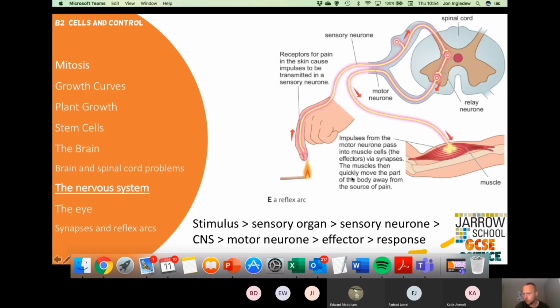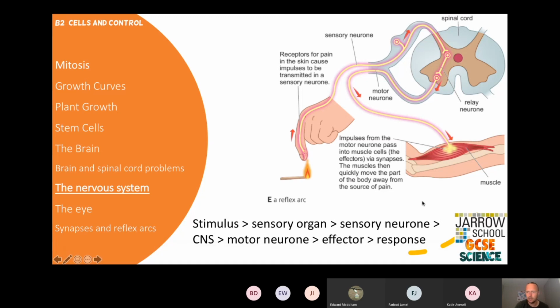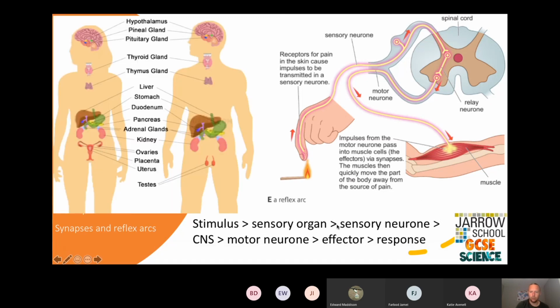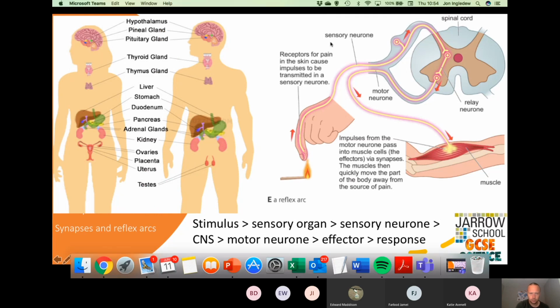So these responses, this is how the nervous system is organized, and we'll talk about a few other things in a little bit more detail soon. Right, so the effectors, there can be muscles, and other ones are glands. So, what do we know? Well, adrenaline's made by the adrenal glands.